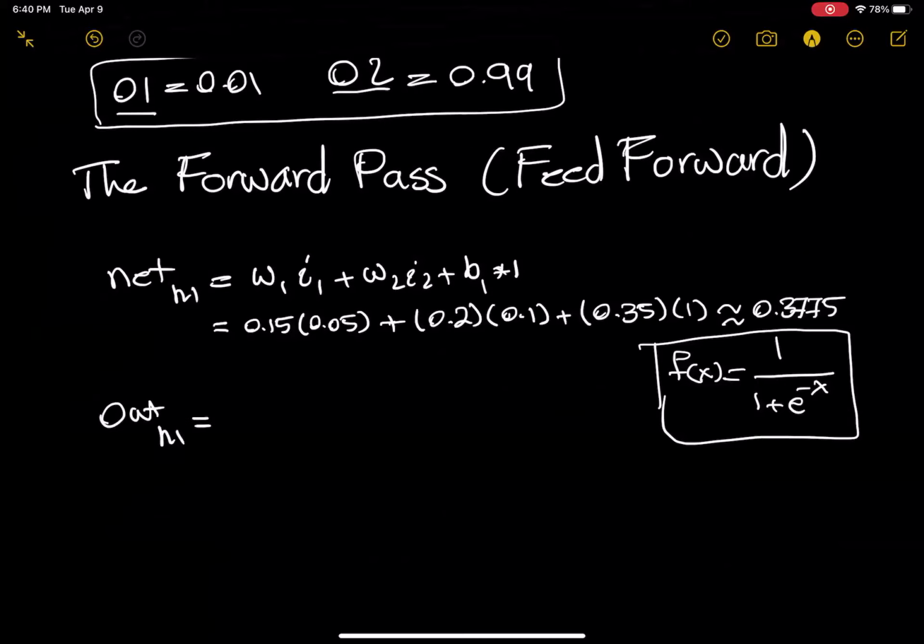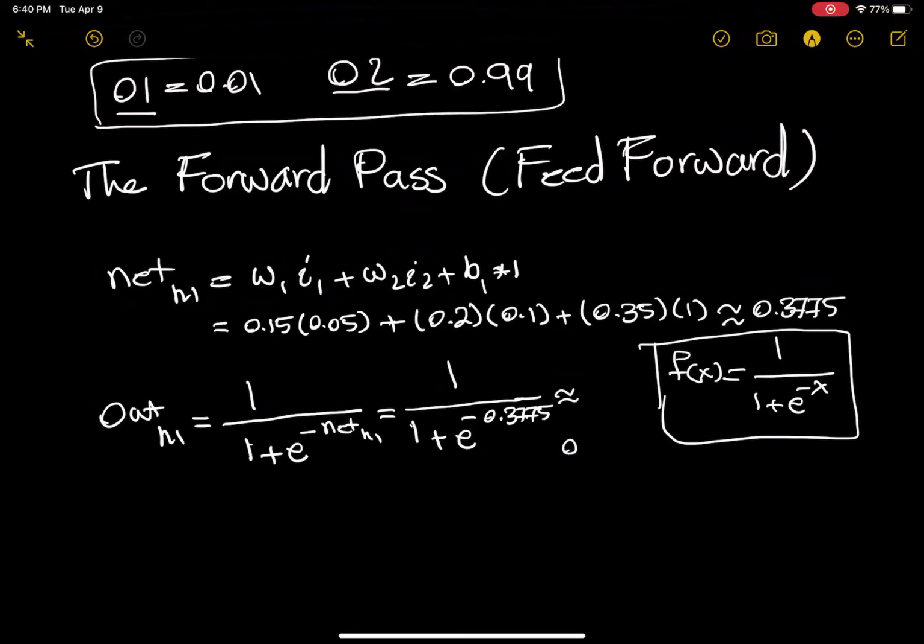it's equal to 1 divided by 1 plus e to the negative net of h1, which is equal to, I'm going to write it explicitly for a few of those steps, then later on I'm going to go faster so you can understand the whole process. 1 divided by 1 plus e to the negative 0.3775, which is almost equal to 0.5932.